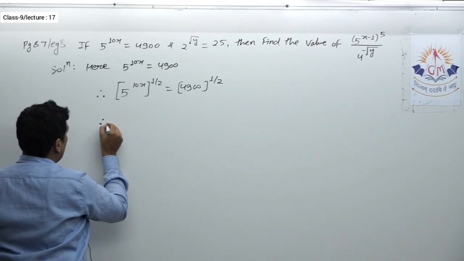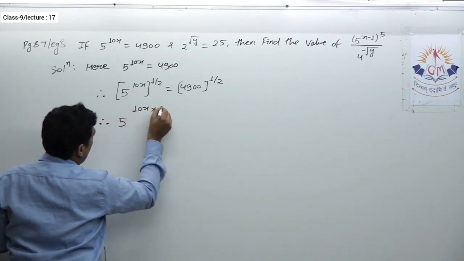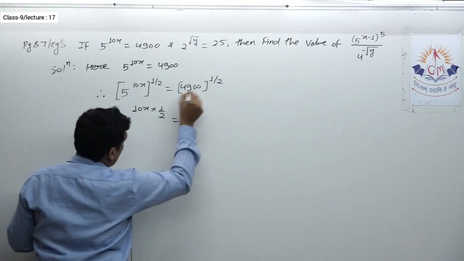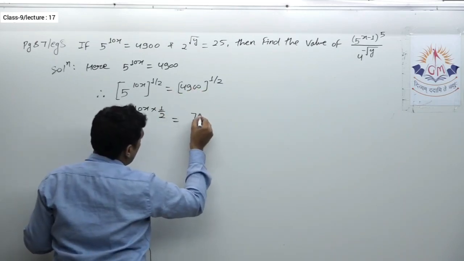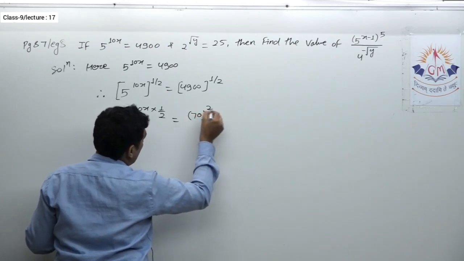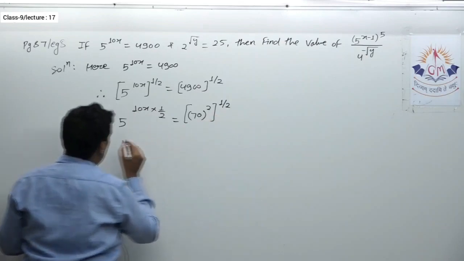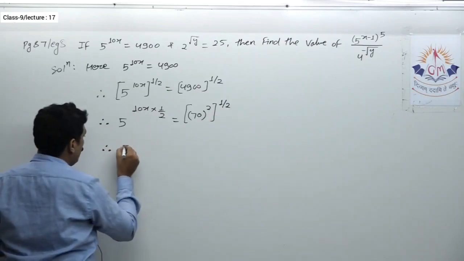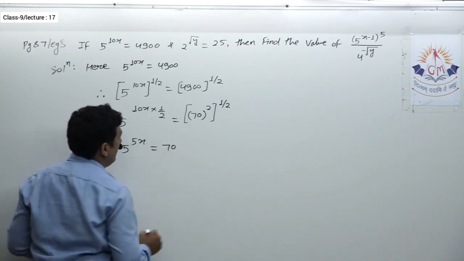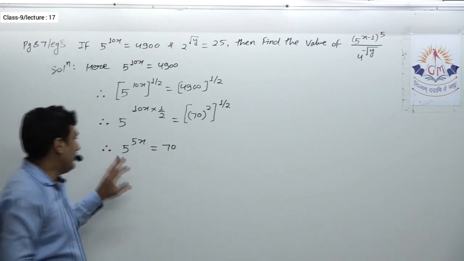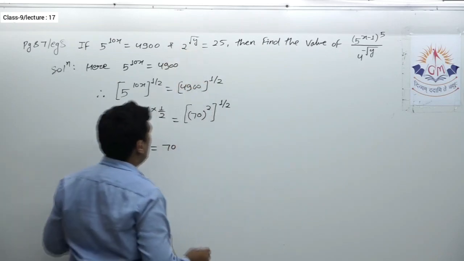If I apply the power law, I get 5 raised to 10x multiplied by 1 by 2, and 4900 can be written as 70 squared, raised to 1 by 2 again. So I get 5 raised to 5x is equal to 70. This is the first thing I obtained, and 2 raised to root y is already given.